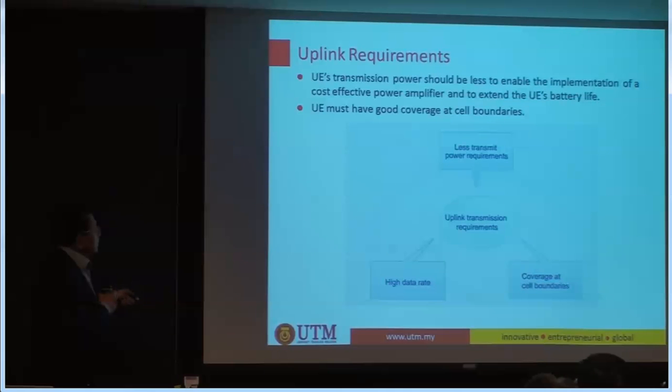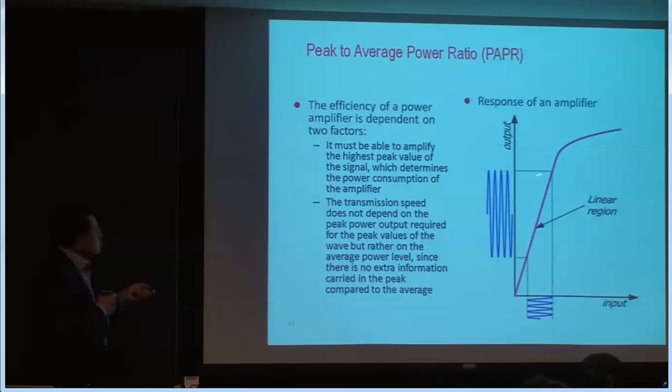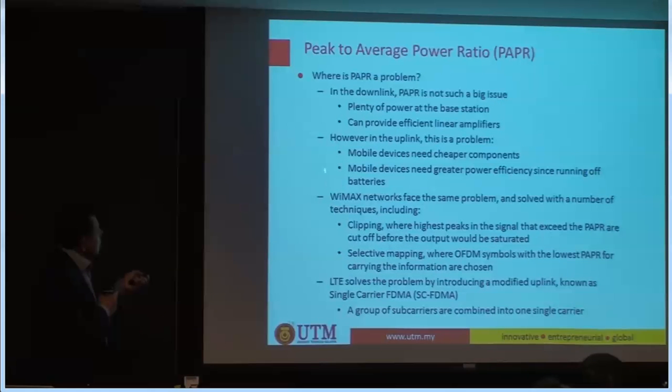These are the problems we saw yesterday. When you add together some components, they will have a high peak, which can affect the power amplifier and also your battery life, because you need a linear region to cater for the high peak. WiMAX, as I already explained yesterday, uses OFDMA for both uplink and downlink.